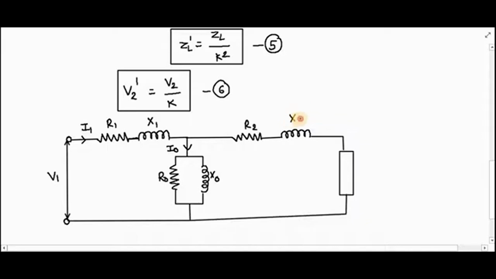Like this is your X2, this is your load, this current is nothing but secondary current referred to the primary side, and this one is the voltage across the load.